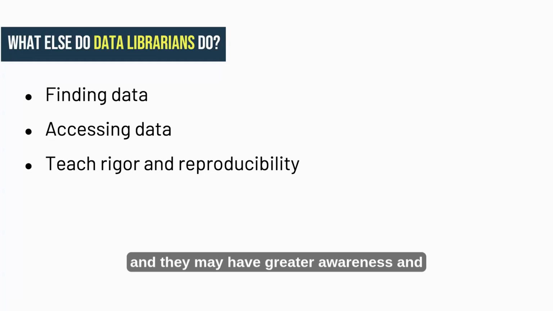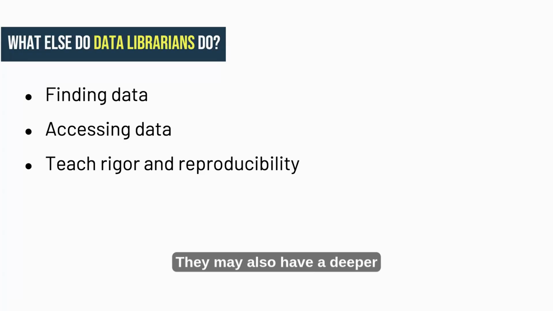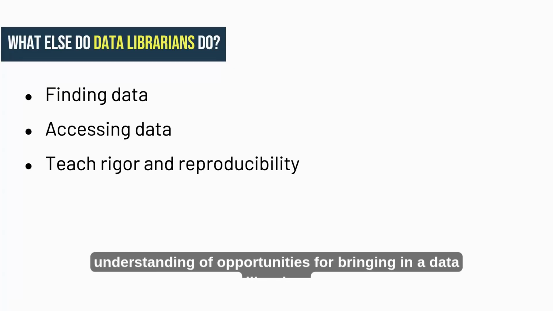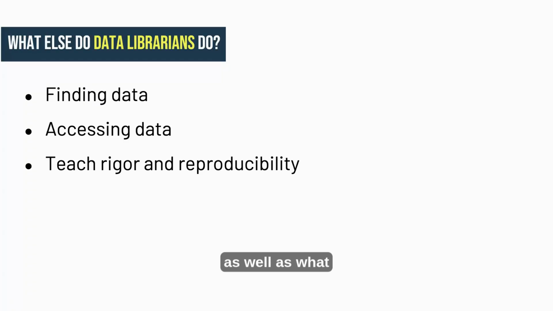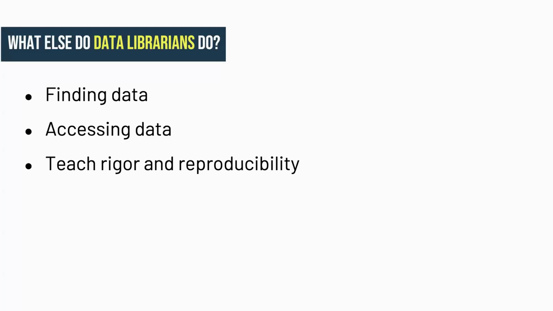And they may have greater awareness and deeper knowledge of the data available within their discipline. They may also have a deeper understanding of opportunities for bringing in a data librarian, as well as what and how much data librarians would be able to do.